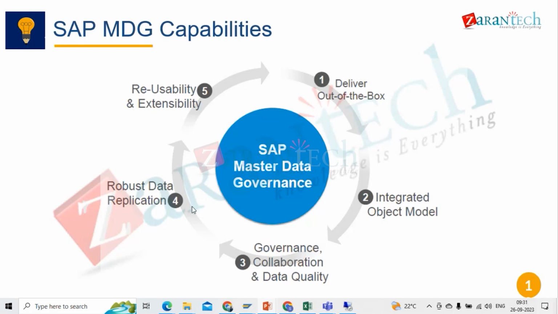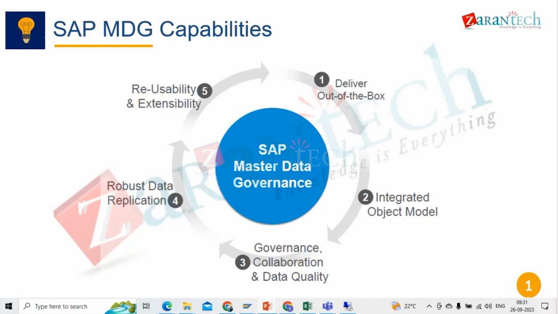Here you can see robust data replication. Once the final change request is approved by your governance owner or master data owner, the data will automatically replicate to target systems. How will it replicate automatically to the target systems?